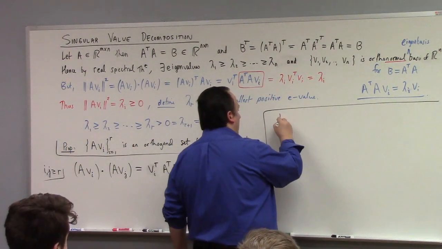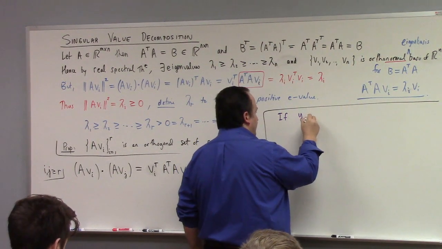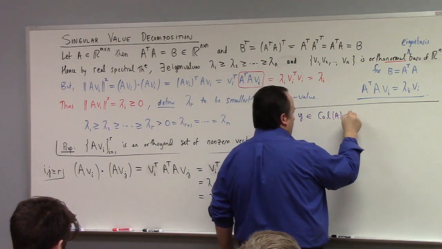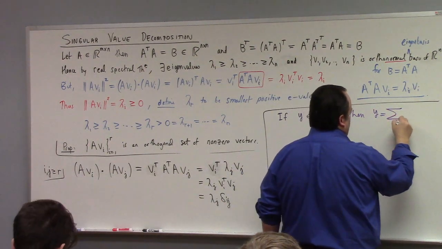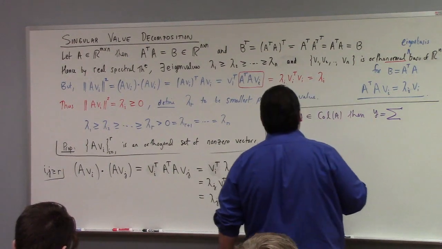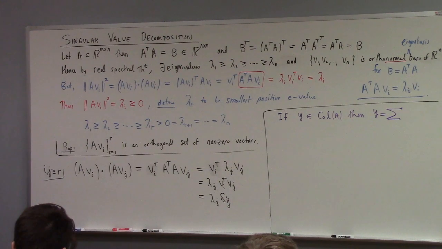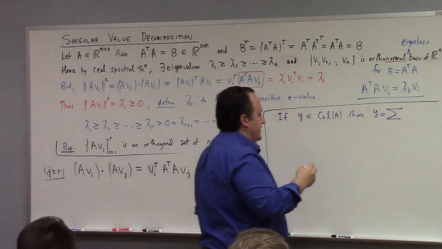If y is an element of the column space of A, then you guys tell me why I can write this.